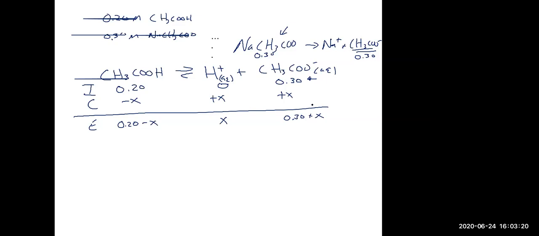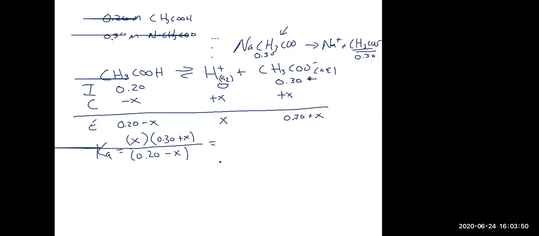So just like normal, we're going to go into our equilibrium expression here. And again, this is going to be Ka. And it's going to be our products, which in this case will be x times 0.3 plus x divided by 0.2 minus x.